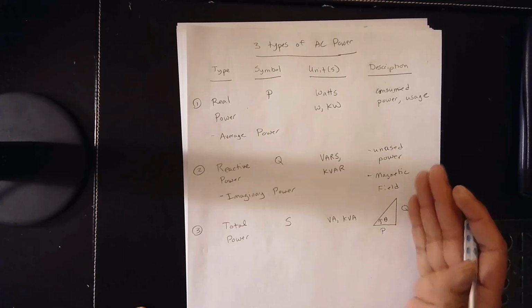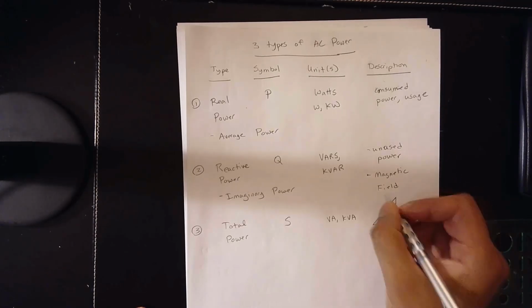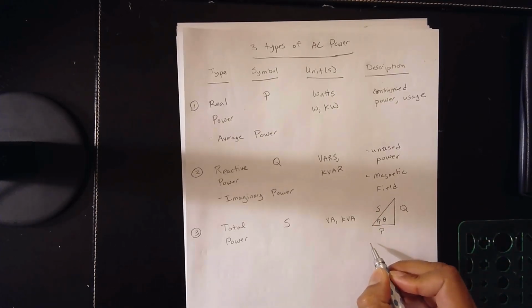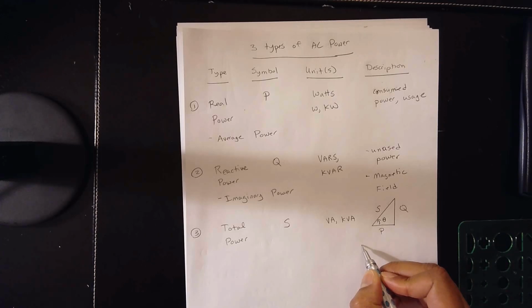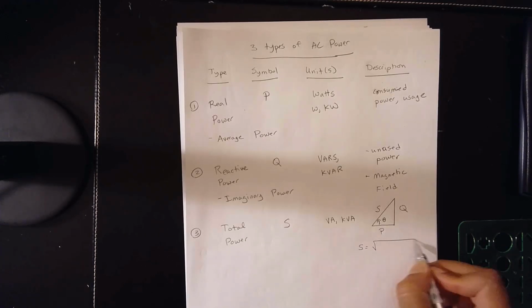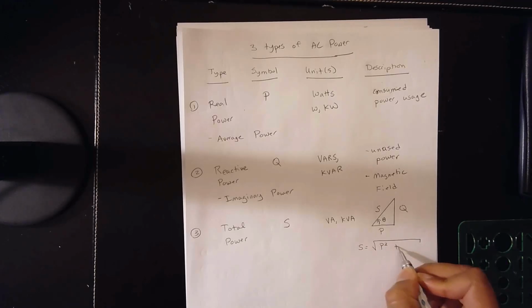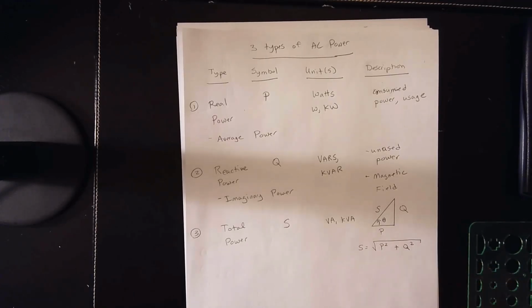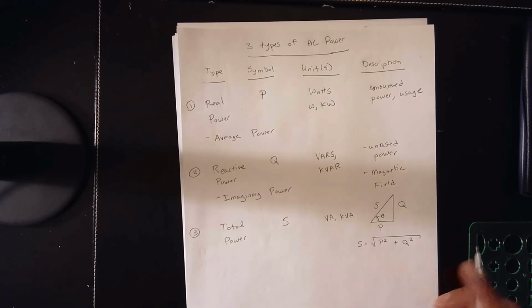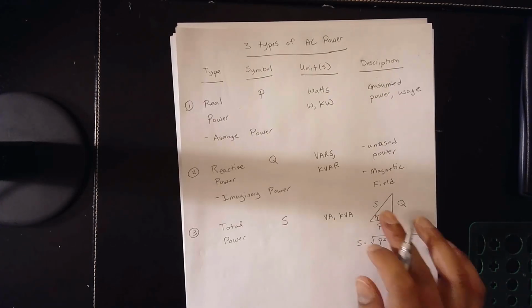Your imaginary power runs along the y-axis, and your S is your hypotenuse, right? So when we see it, it's basically described as S equal to the square root of P squared plus Q squared. This is your Pythagorean theorem. If you remember that in algebra, right? So use your Pythagorean theorem to get your total power.